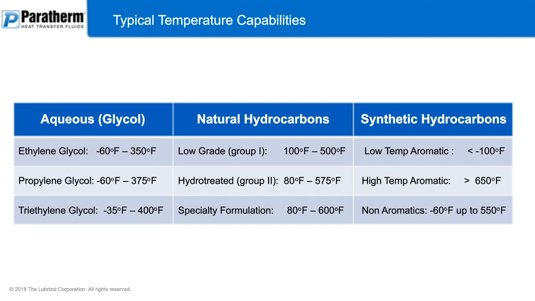So, again, sticking with the scope and looking right at natural hydrocarbons versus synthetic hydrocarbons, the non-aqueous options, we're going to eliminate the aqueous-based ones and define the limitations based off of these criteria. So, low-grade group 1: if you're following the best practices recommendations of this webinar, and most likely most thermal fluid professionals, you would already eliminate the option of a group 1 based fluid simply because it's not going to offer you any performance benefits.